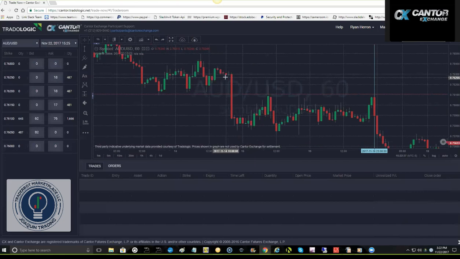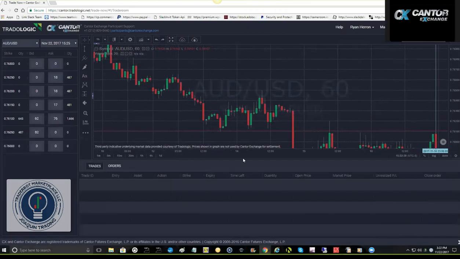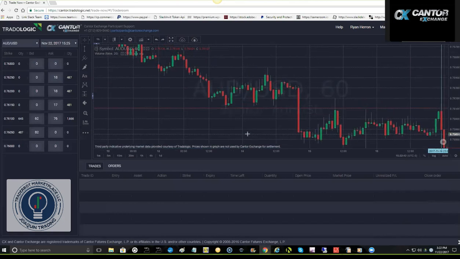Or no, that's only 4, so that one does not count. Well, 1, 2, 3, 4, 5. You can draw another line right there, and just start manually calculating and manually adding these up.